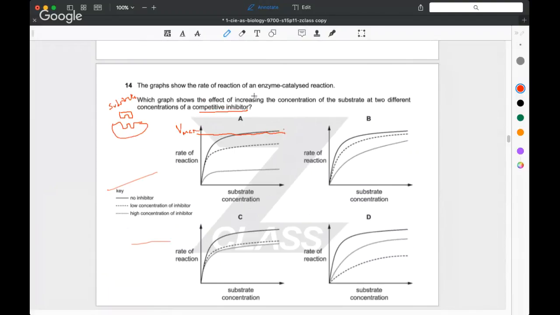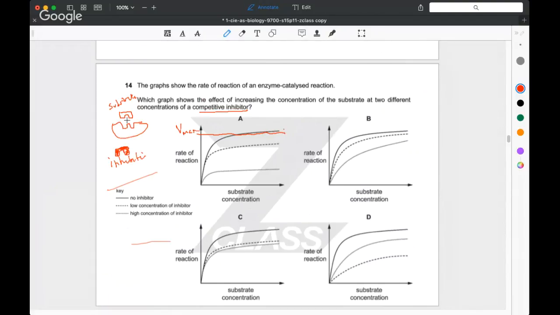Now, a competitive inhibitor is like a substrate. It has a similar shape because it can compete, but it's not a substrate. Okay? So there's going to be a competition set up between the substrate and the competitive inhibitor. Now, at a low concentration of inhibitor, these two are going to be competing for the active site.